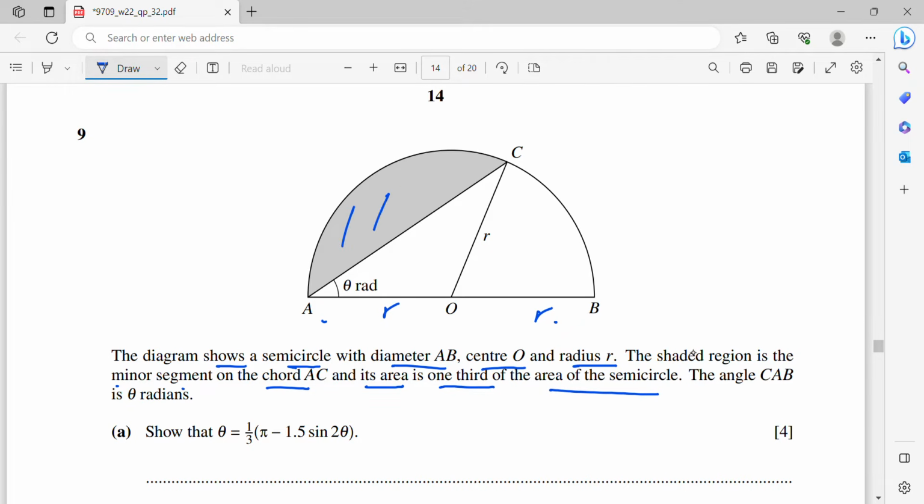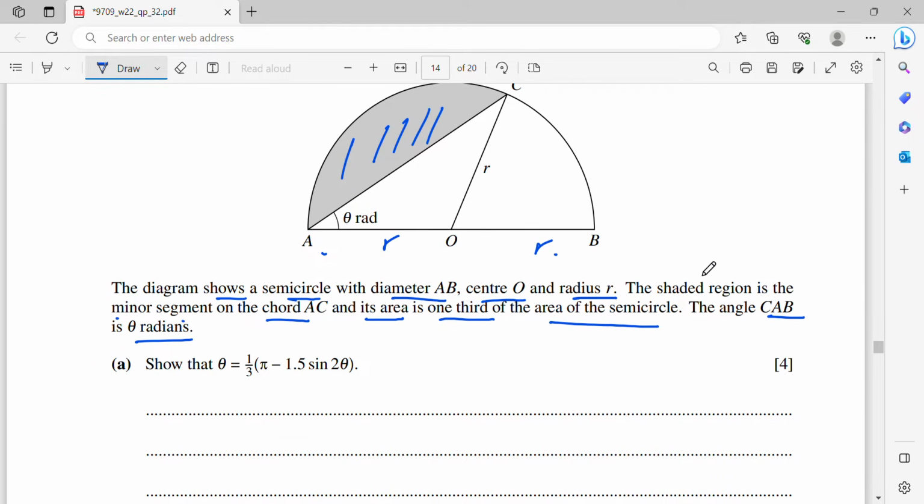The angle CAB is theta radians. Now show that theta is 1/3 times pi minus 1.5 sine 2 theta. So we get the idea from here.